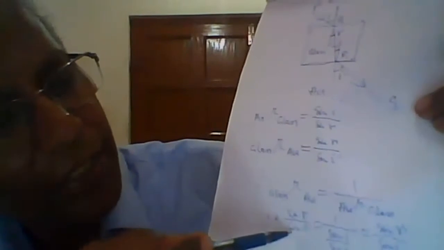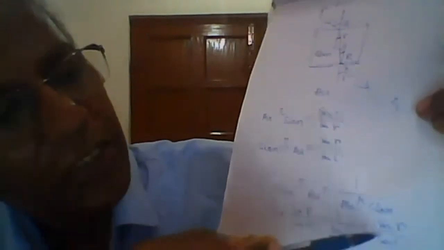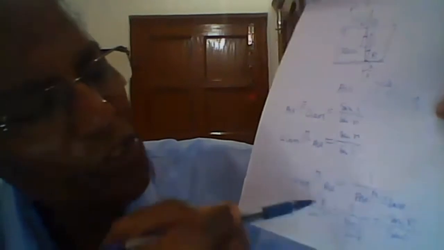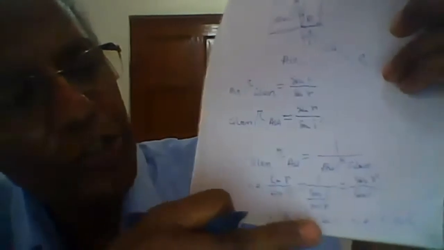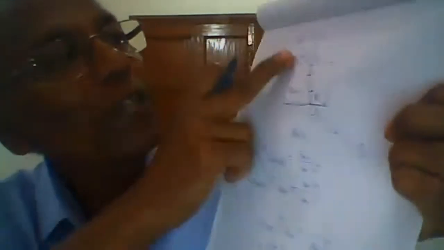That is, sin R by sin I dashed is equal to 1 by sin I by sin R, that is sin R by sin I. Sin R will cancel, therefore sin I dashed is equal to sin I. That is, I dashed is equal to I. So as I dashed is equal to I, obviously PQ is parallel to RS.